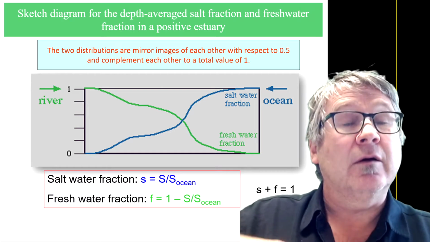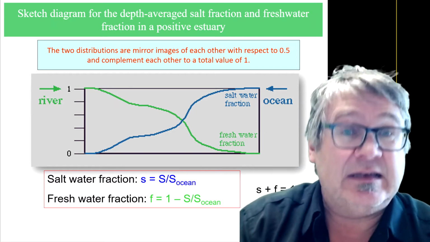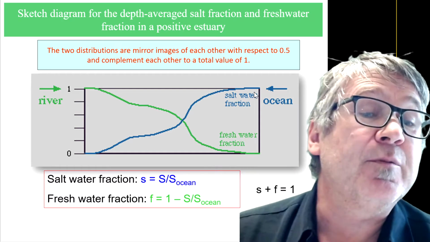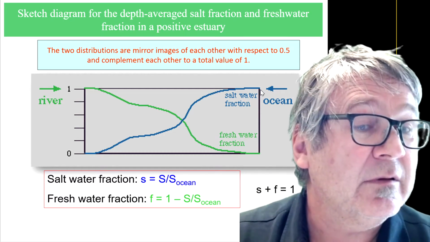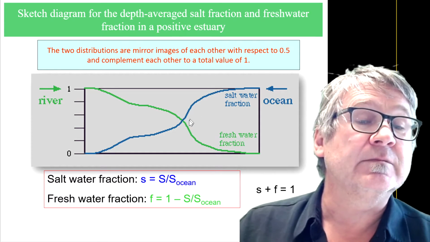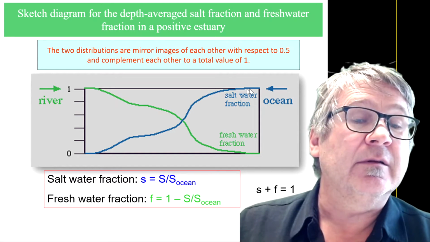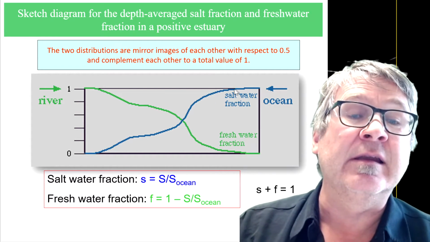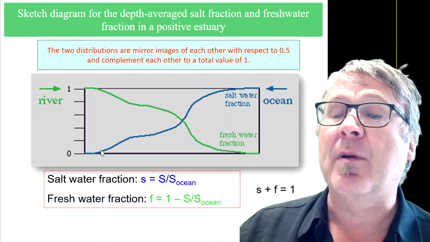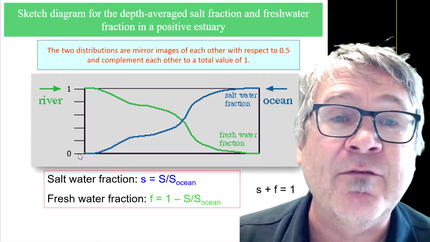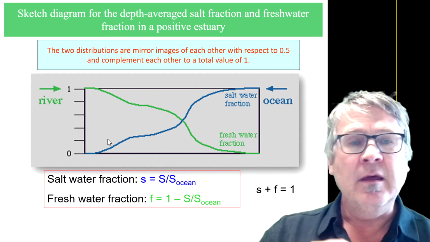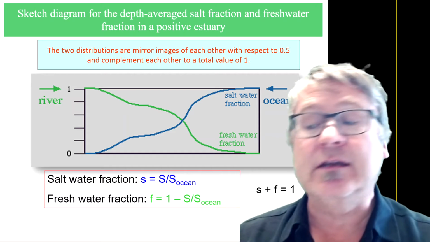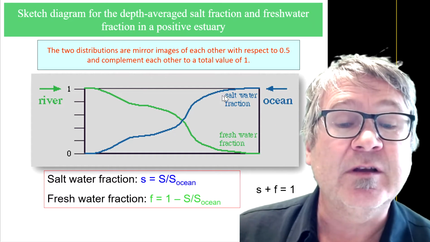And similarly, or actually opposite, the saltwater fraction is 100%. It's 1. Okay? The decimal fraction is 1 in the ocean, and then it decreases to 0 as you go upstream on the river end of your estuary. The sum of both fractions has to be 1. You add up the green and the blue curve in this diagram, you reach a 1.